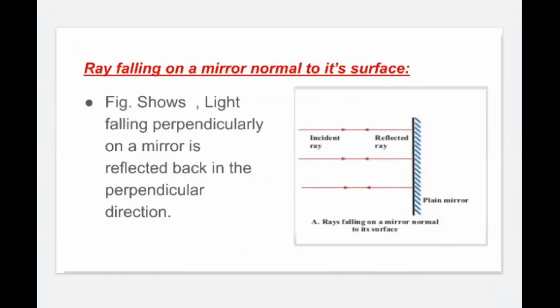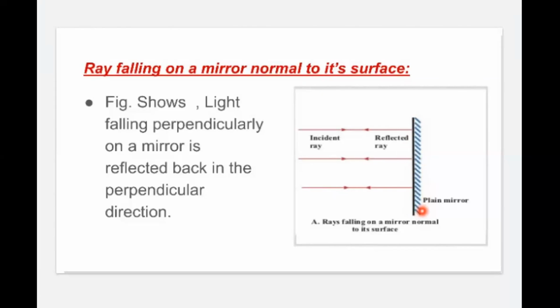The first one is the ray falling on a mirror normal to its surface. Now, here students, we are seeing a mirror. This black line represents the front side or the reflecting side of the mirror, and the blue slanting lines represent the back side of the mirror.